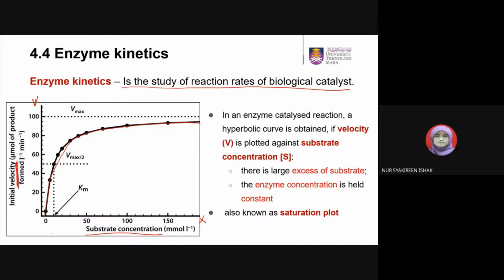So if velocity V is plotted against substrate concentration S, and there is a large excess of substrate, so you keep on increasing the substrate concentration while the enzyme concentration is held constant, then the enzyme is the limiting factor.